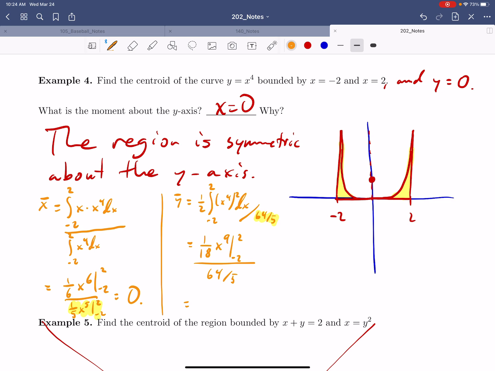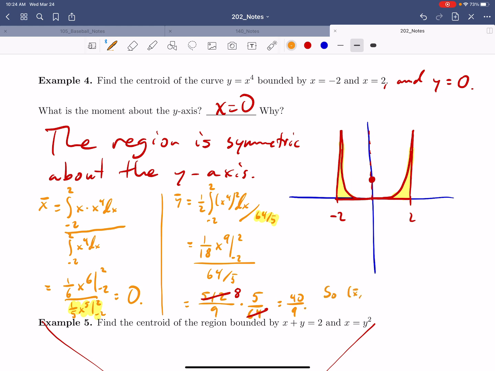You can cancel out a 2, so you get 512 ninths divided by 64 fifths, or times 5/64ths. This is 2 to the 9th, this is 2 to the 6th, so we're left with 2 to the 3rd, which is 8. And so this is going to give us 40 ninths.